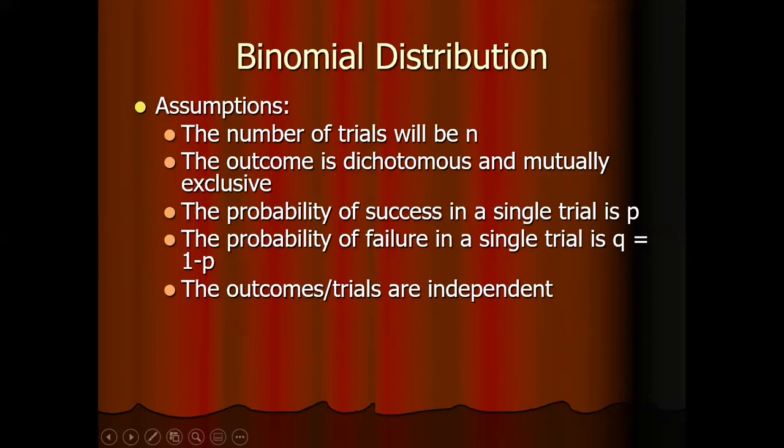It is very clear by the name as binomial, means two outcomes. So the outcome is dichotomous, and they are mutually exclusive. The probability of success in a single trial is written as p, and the probability of failure is written as q, which is equal to 1 minus p, and the outcomes and trials are independent of each other.